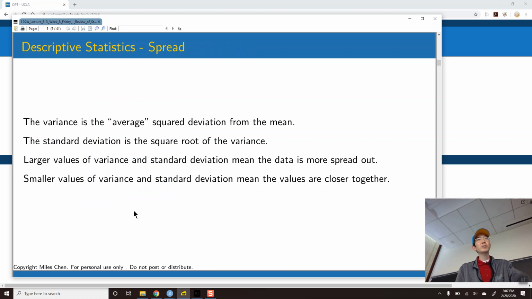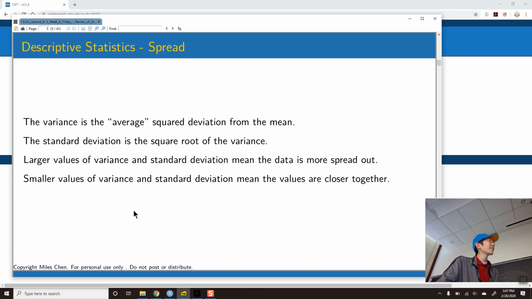Technically, it's not the average because we don't divide those squared deviations by n. We divide by n-1. And then the standard deviation is the square root of the variance. Larger values of variance and standard deviation mean the data is more spread out. Smaller values mean the values are closer together.